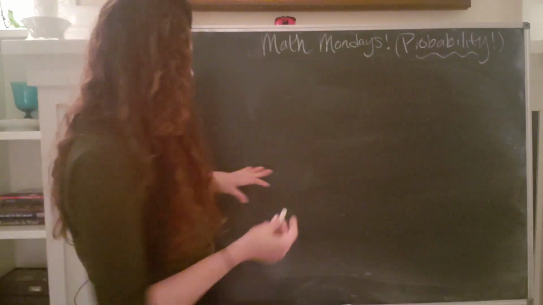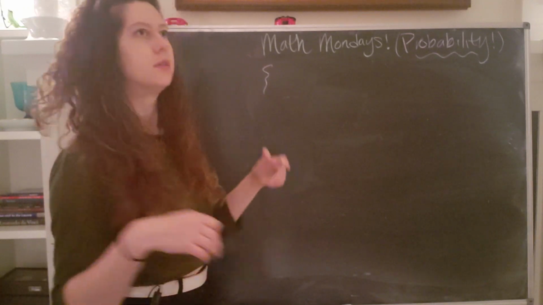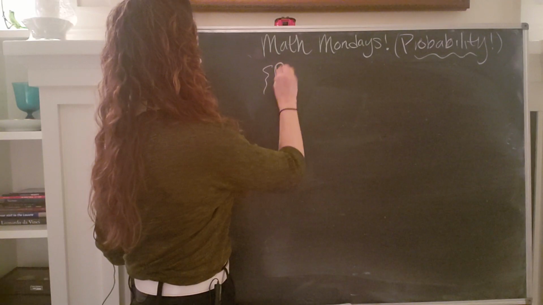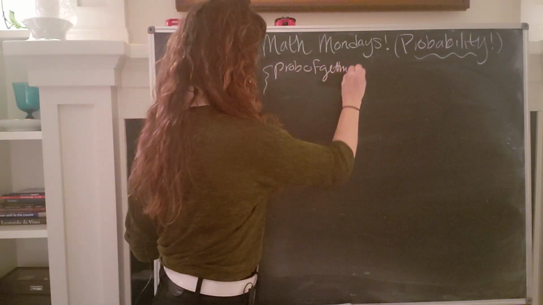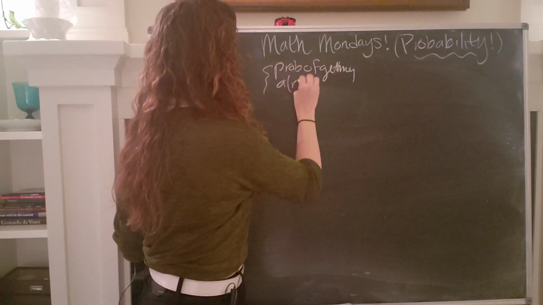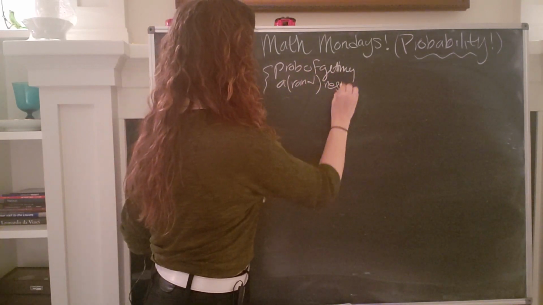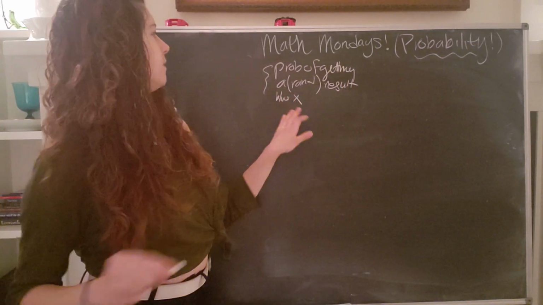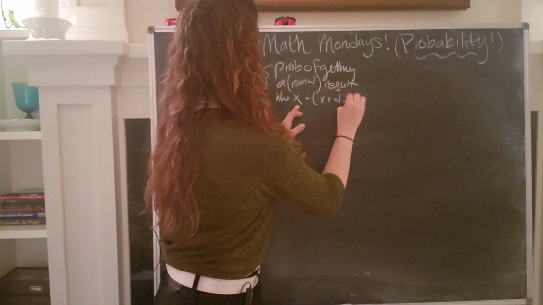So in this case, when we are dealing with continuous variables, I'm confusing myself now. So the probability of getting a random result between a value of x and a value of x plus a tiny little bit.